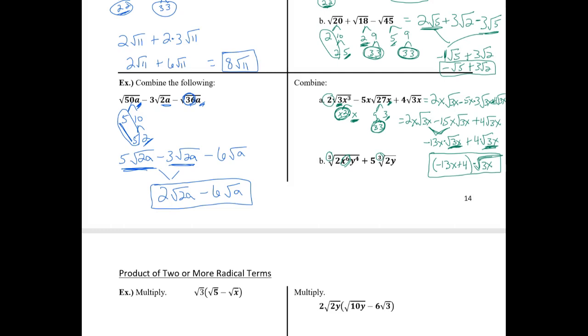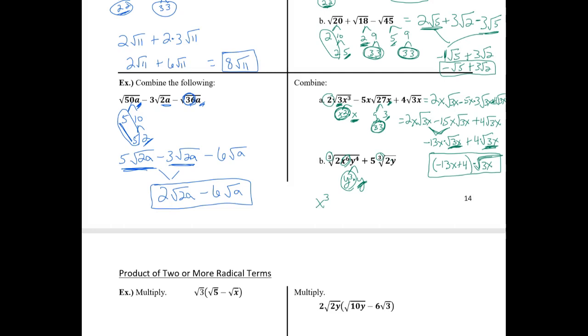The y to the 4th is not a perfect cube, but I could break it up into y cubed times y, right? So here's a cube, and I'm going to have 1 y left over. And 2 times y, nothing we can do with that. So the cube root of that 2x to the 6th, y to the 4th, I can take the cube root of x to the 6th, and we take 6 divided by 3, we get x cubed.